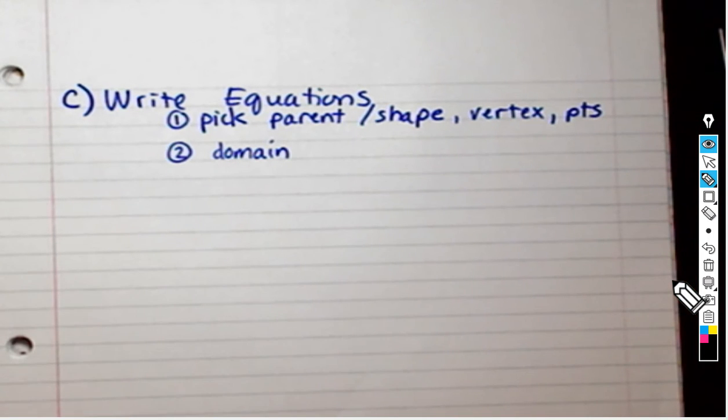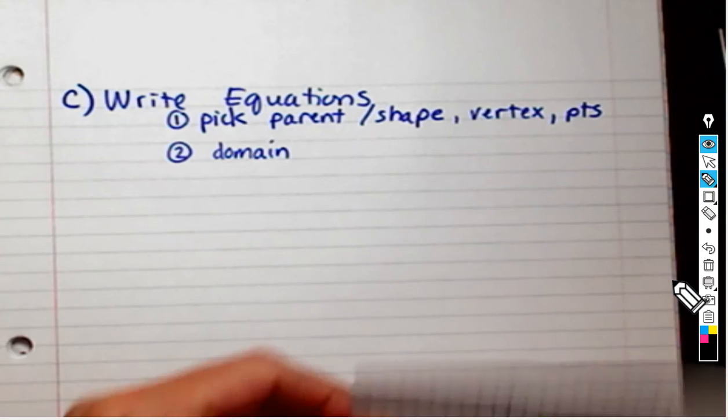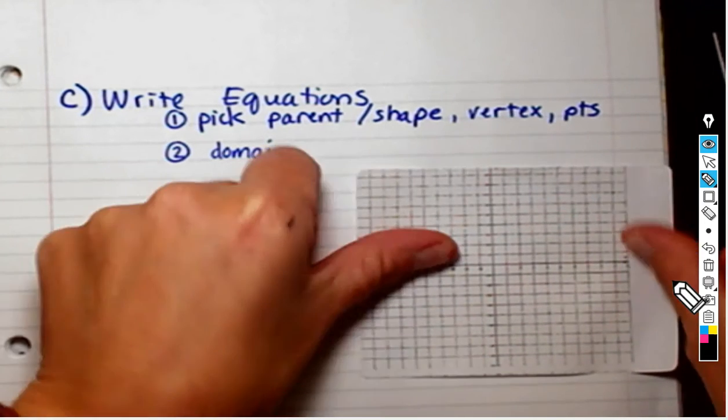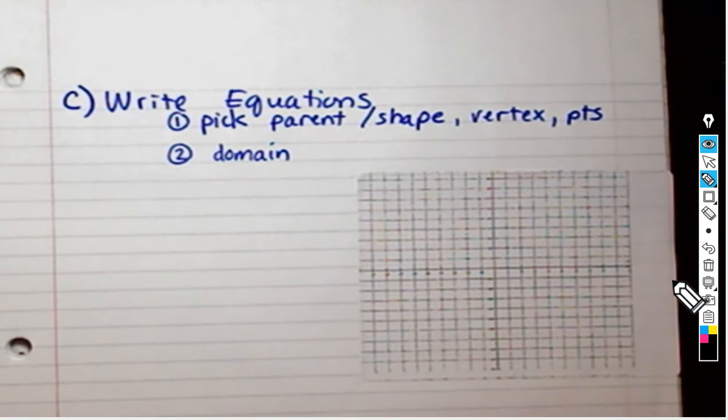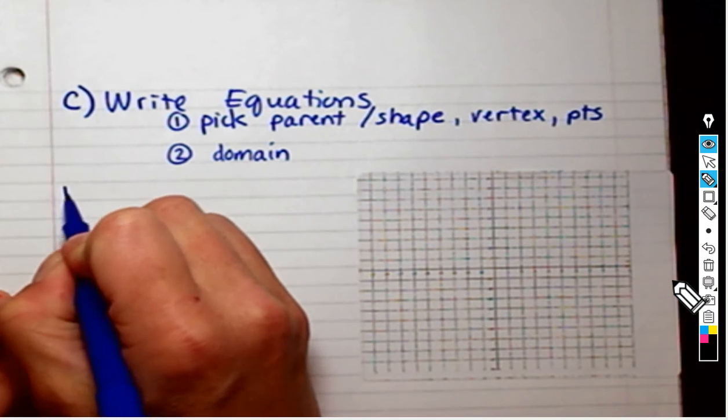So here we go. Let's put our little sticker in here. First example. Okay. I'm going to draw a graph. You're going to copy it. We're going to write the equation of it.